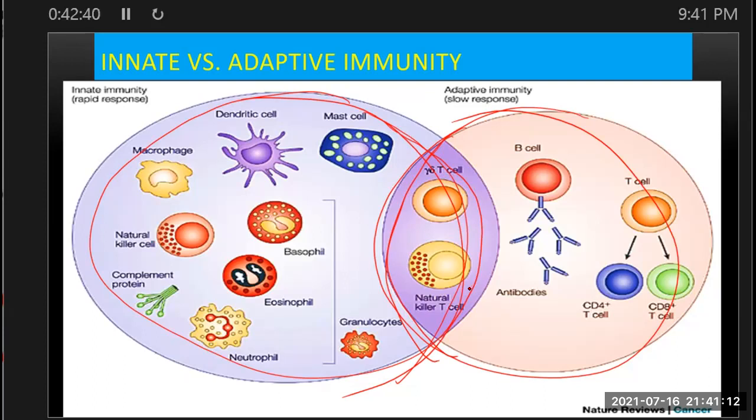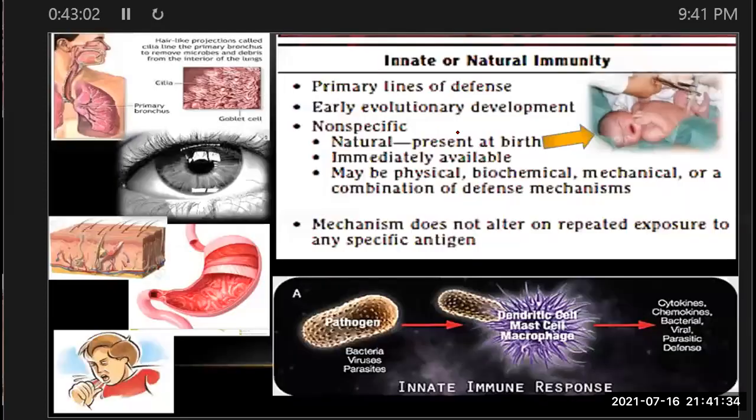And please remember, natural killer T cells and gamma delta T cells are part of both the innate and adaptive immune response. The adaptive immunity is initiated when an innate immune response fails to eliminate a new infection, and antigen and activated antigen presenting cells are delivered to the draining lymph nodes.